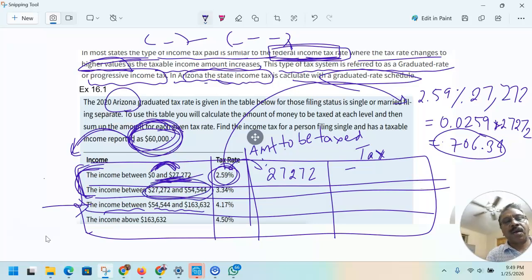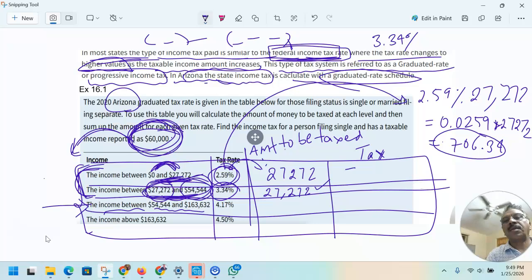And the next one, if you see the amount from here to here, if you subtract 27,272 from this amount, 54,544, you get the same amount, 27,272, because this is double. But this time you are taking a higher percentage, 3.34.